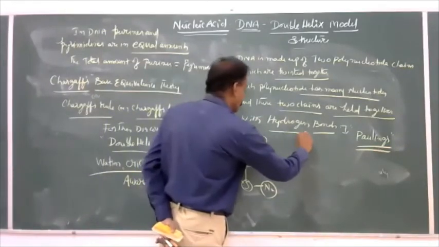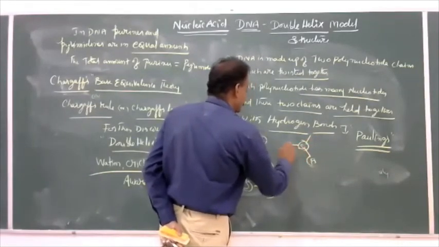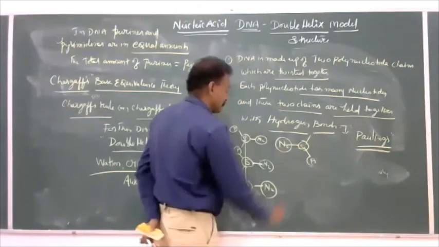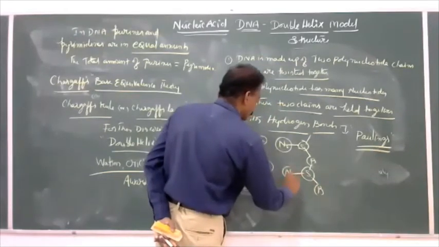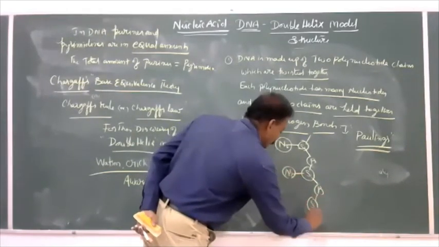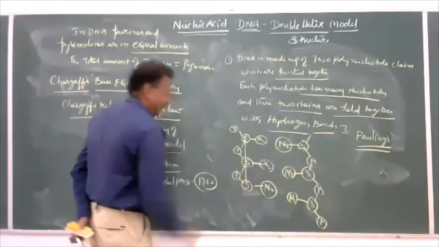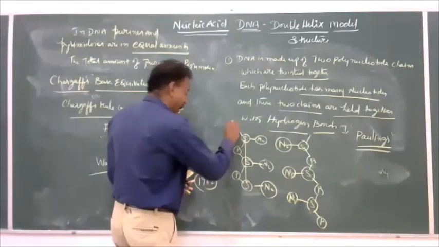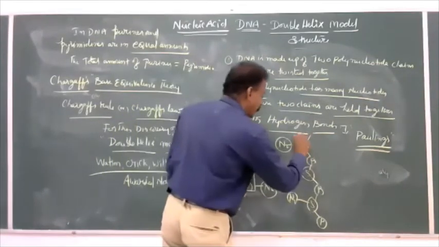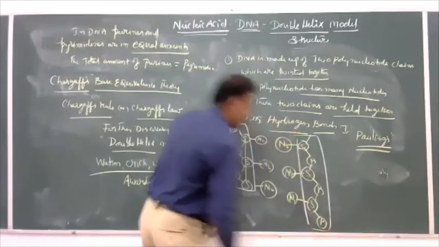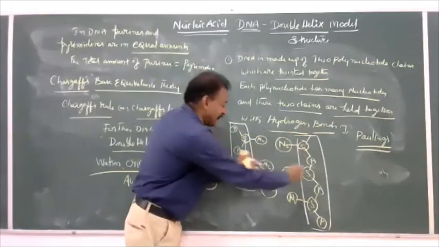Another polynucleotide chain is there, sugar, phosphate, N2 base, sugar, phosphate, N2 base, sugar, phosphate, N2 base. Now this is one chain having a backbone of sugar and phosphate. This is another chain having a backbone of sugar and phosphate outside, and the N2 bases are projecting inside.